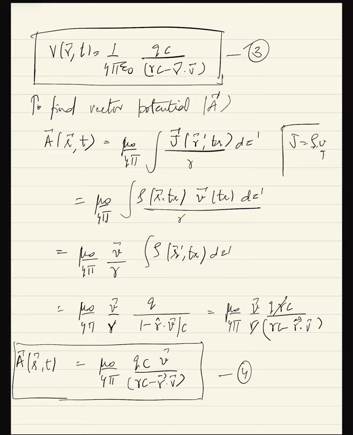Now we will try to make things in terms of rho, which we have already solved. So j is equal to rho into v. v is the velocity of what? Velocity of the source of the charge distribution, which is not c, which we already talked about, and it is also a function of retarded time.